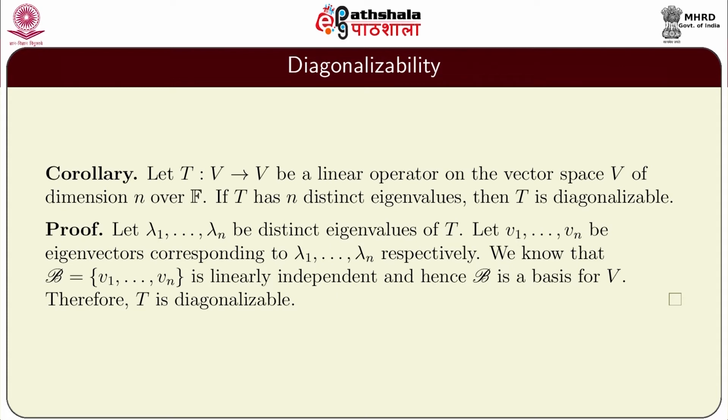Then it has to be a basis for V, because V is an n-dimensional vector space. This proves that we have a basis for the vector space V consisting of eigenvectors of T. Therefore, T is diagonalizable over the field F.